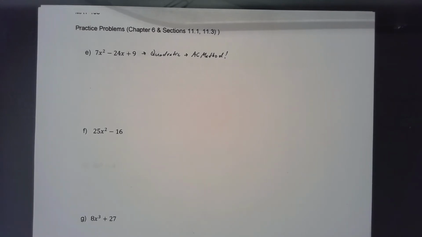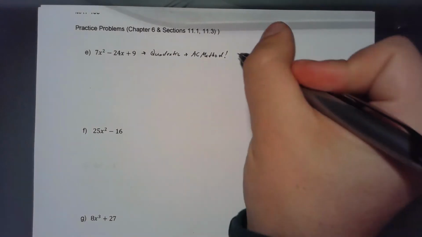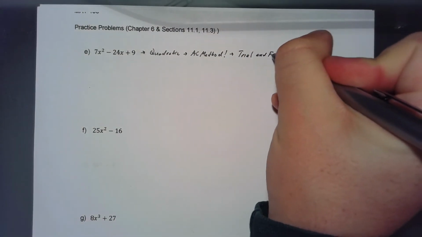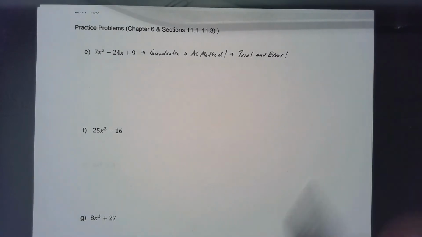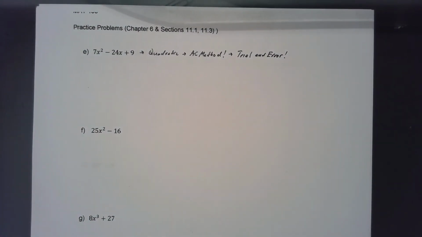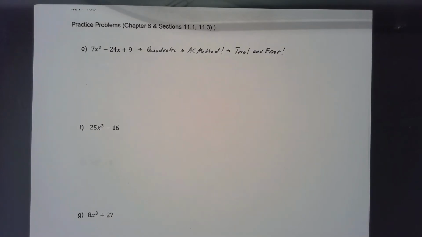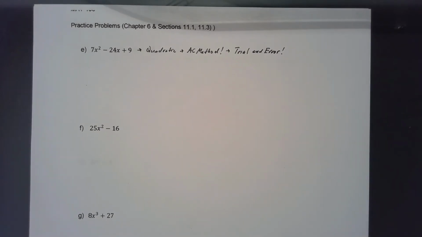Even though they are big numbers, I could probably still get away with trial and error. But if you did want to do this with grouping, you could certainly do it that way. I just prefer trial and error. That's just my personal feelings towards it.